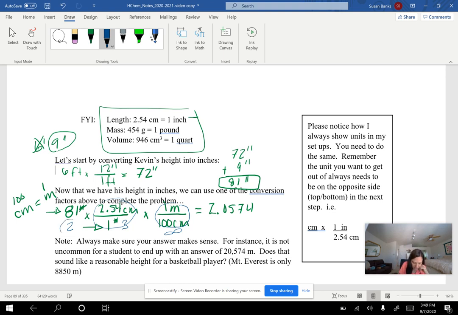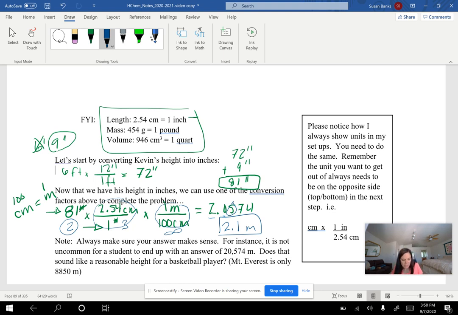So in reality, because we're multiplying and dividing, I can only use 2 digits. So 1, 2, this 5 tells me to round up. So I'm going to report this as 2.1 meters for Kevin Durant's height.